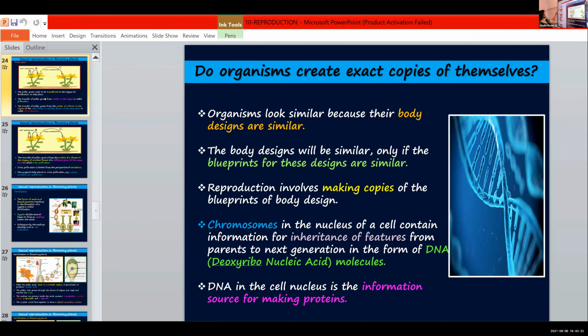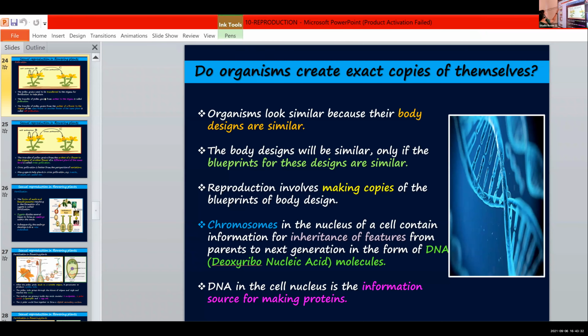And self-pollination means the pollen grains are transferred from the anther of a flower to the stigma of the same flower or another flower of the same plant. Once again, from the anther of a flower to the stigma of the same flower or another flower belonging to the same plant.